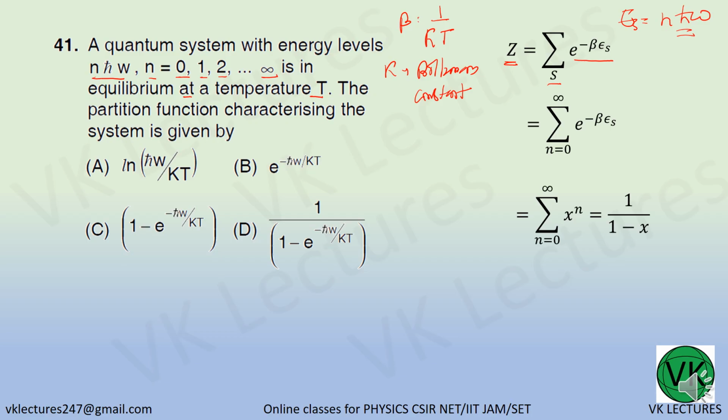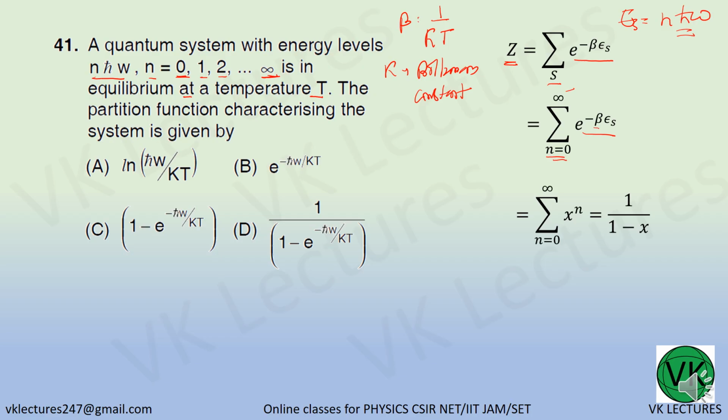Then, since our energy levels are from 0 to infinity, we can write the sum over n equals 0 to infinity of e power minus beta Es. Just substitute the values of beta and Es.